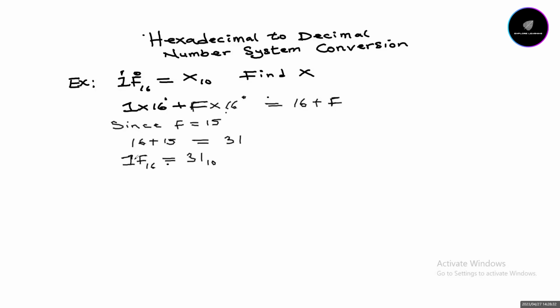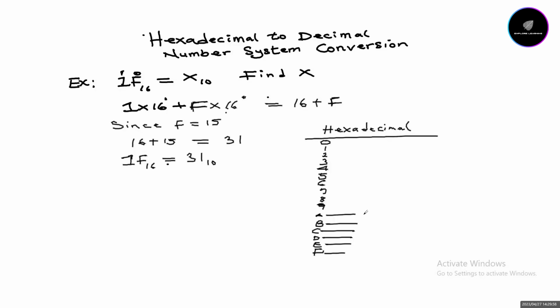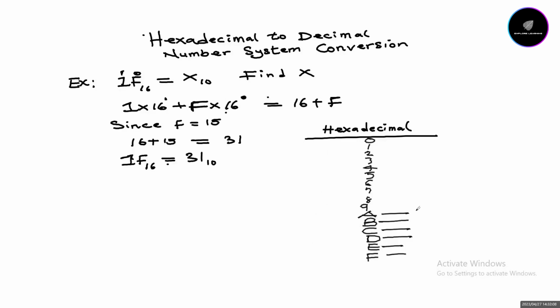So it runs from 0 to 9 and from A to F. So A stands for 10, B stands for 11, C stands for 12, D stands for 13, E stands for 14, and finally F stands for 15.